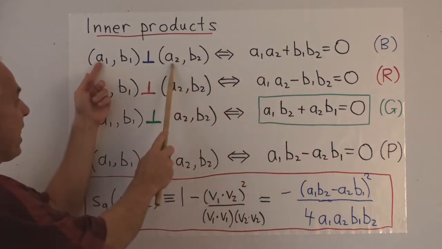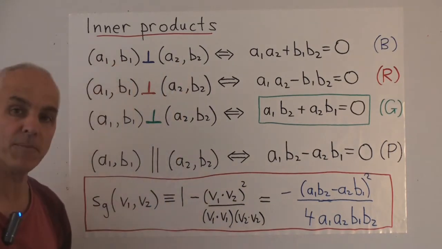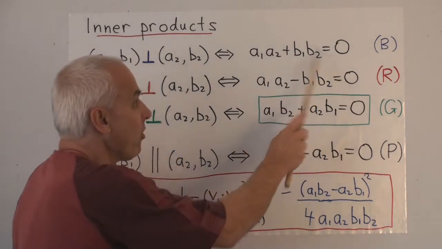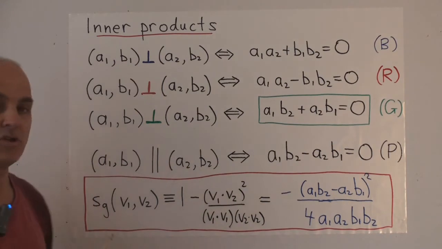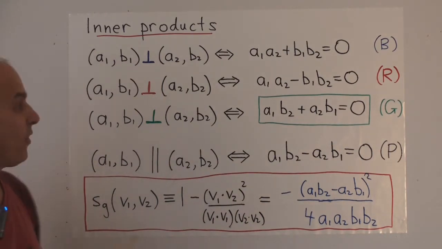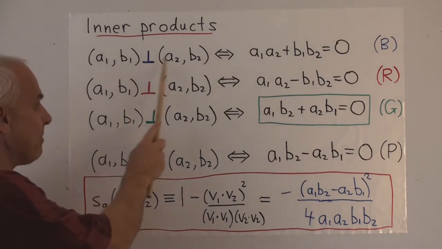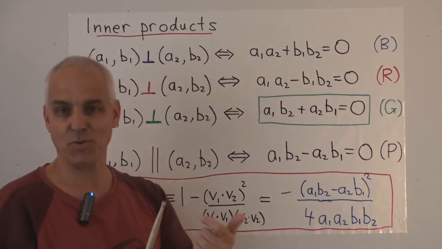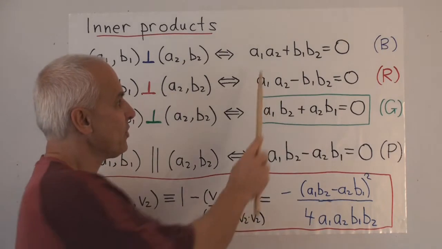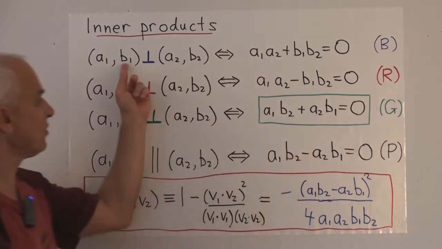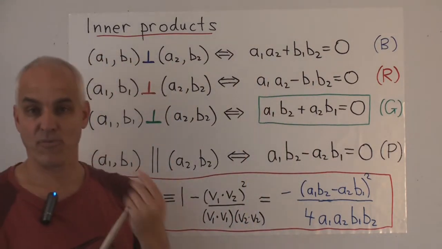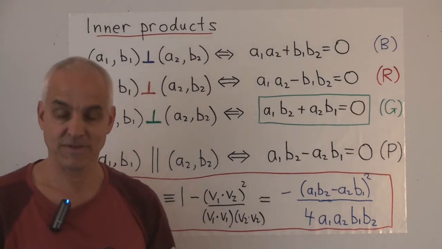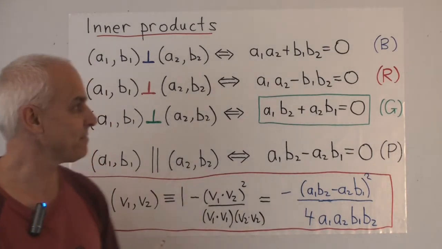If we take a1 a2 plus b1 b2, and that's 0, then the two vectors are perpendicular. So, for example, if you had a, b and minus b, a, and you compute this expression, you would get 0. This number, which is associated to these vectors, is called the inner product between these two vectors, sometimes also called a dot product.